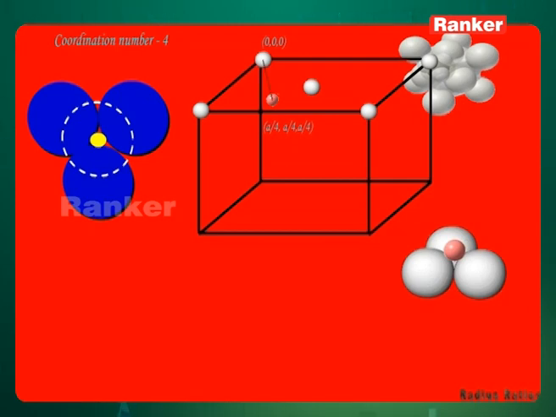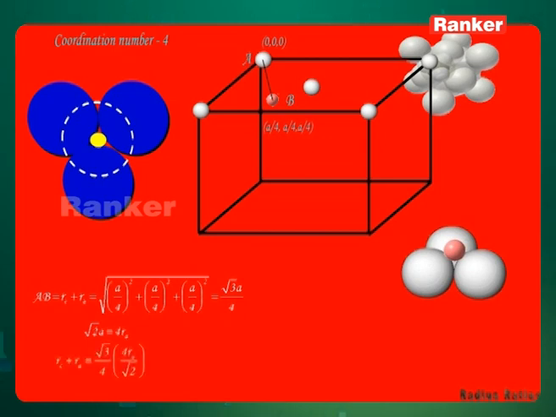From this, if you calculate the AB length, then AB is equal to radius of cation plus radius of anion, as they are both in contact, which is equal to root 3a by 4. When it is root 3a by 4, that means root 2a is equal to 4r, and also root 2a is equal to 4RA, that is along the face diagonal.